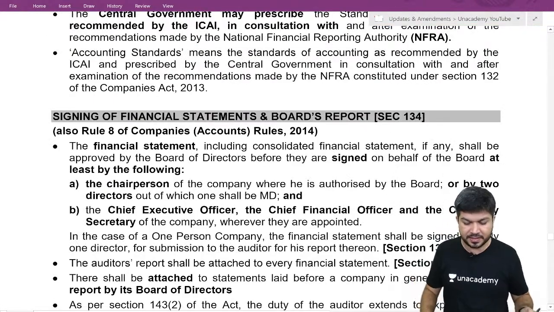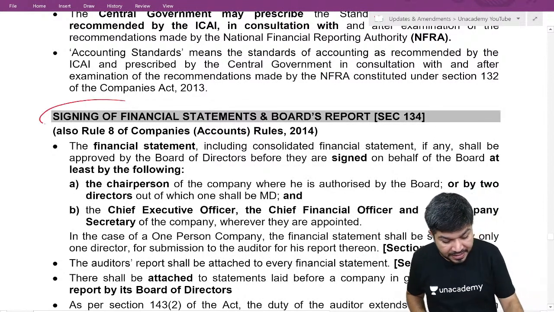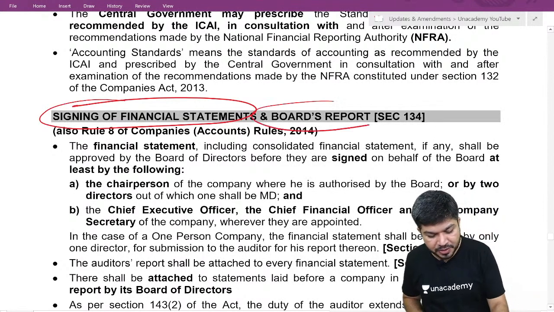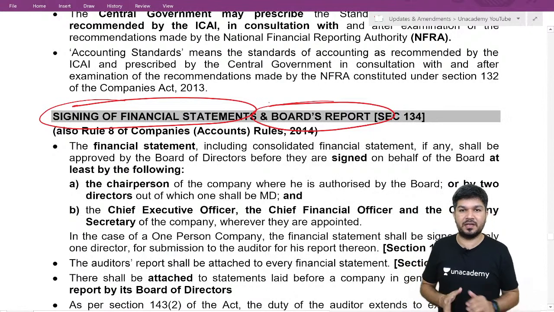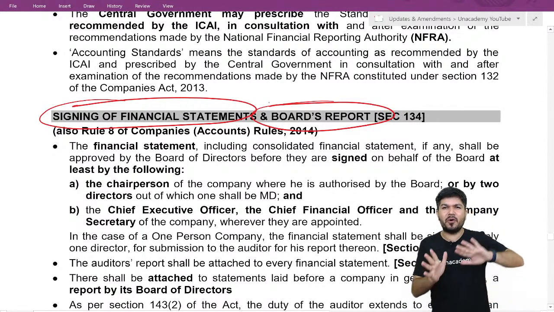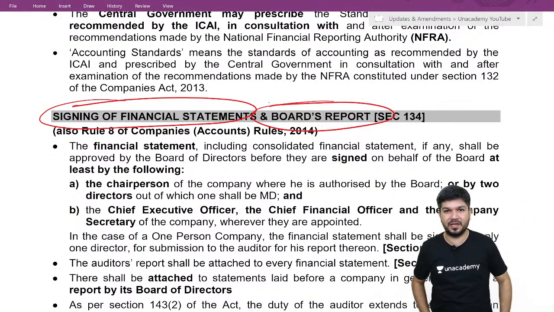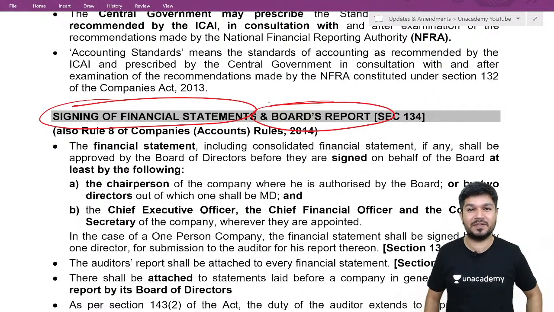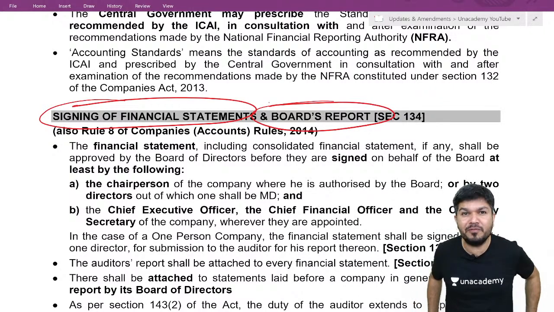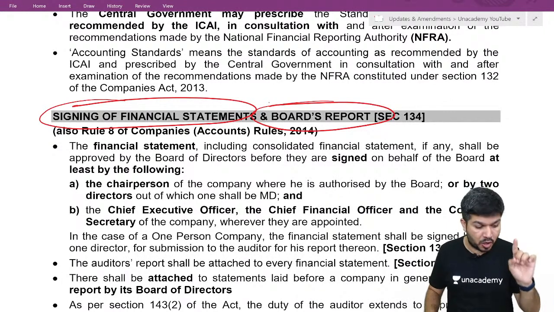Next is 134. It's signing of financial statement and BOD report. Two things. Now this is signing of financial statement for and on behalf of board of directors. We say the board of directors approves the financials. On behalf of the board of directors, a few directors sign, not all.